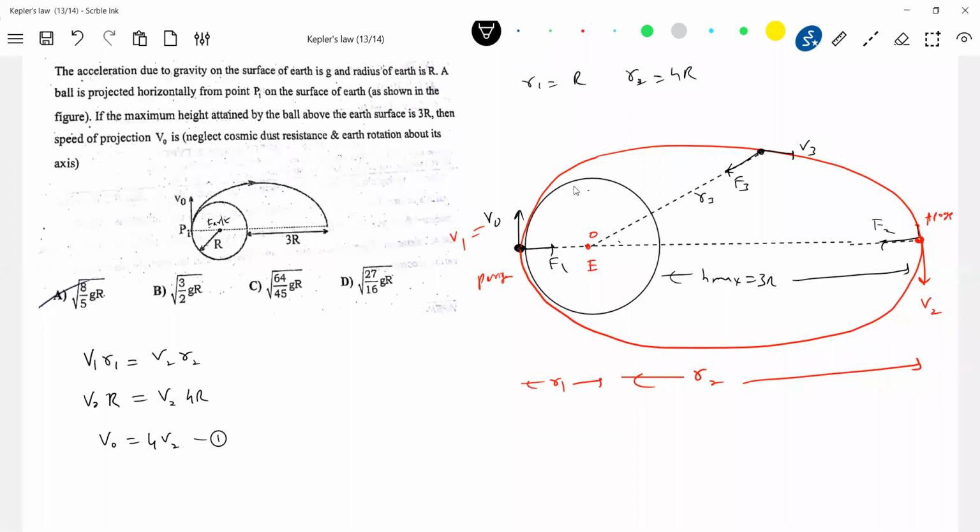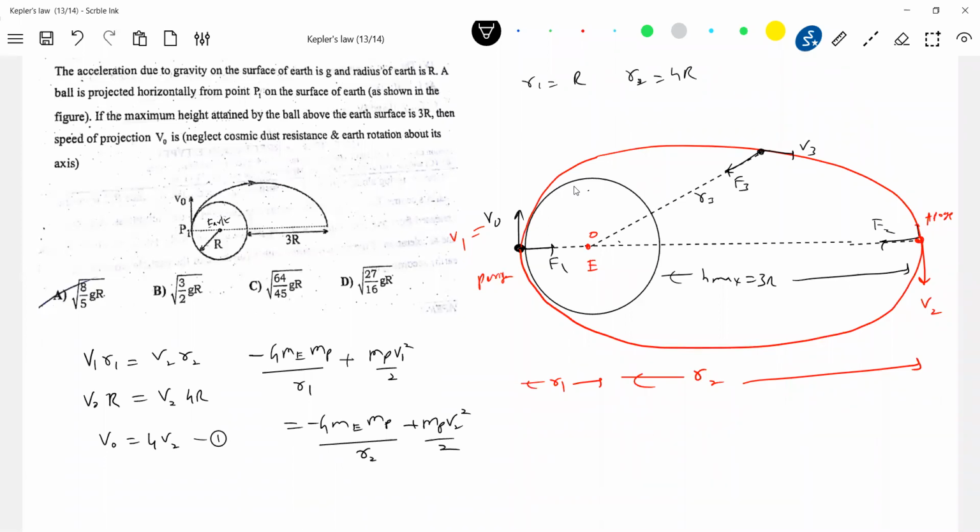Let me apply conservation of mechanical energy. Minus G mass of earth, mass of particle by R1, plus half mass of particle V1 square. So what is next needed?